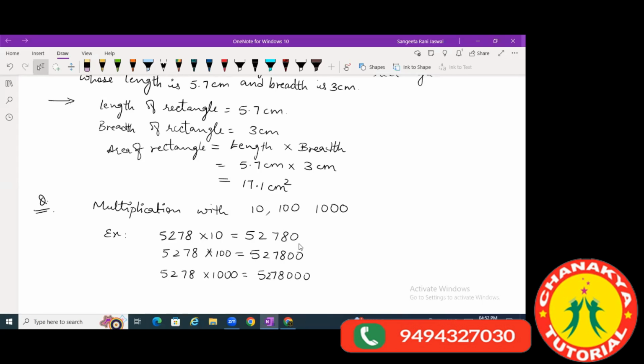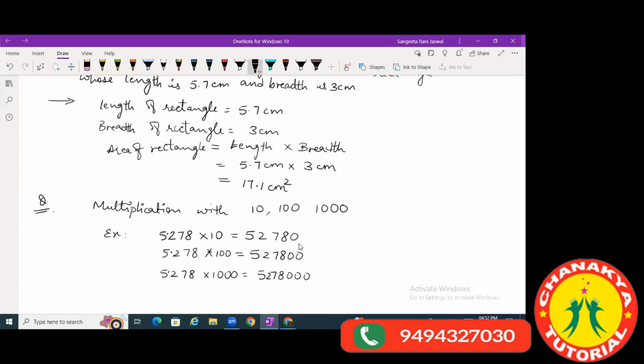Okay, now suppose I have a decimal point here, like this, 5.278. Now, where will my decimal point be when I'm multiplying with 10?